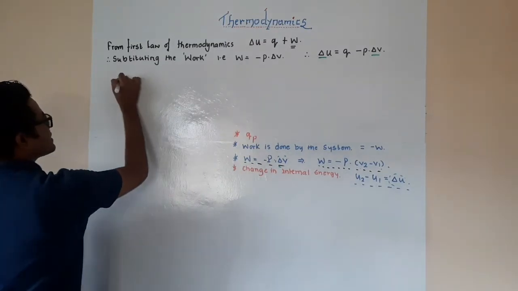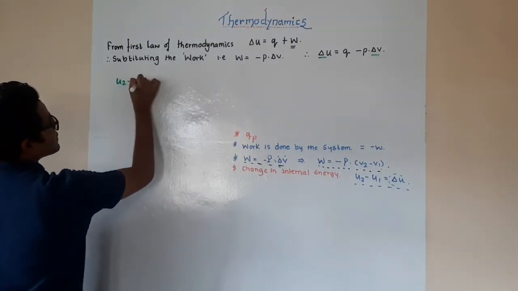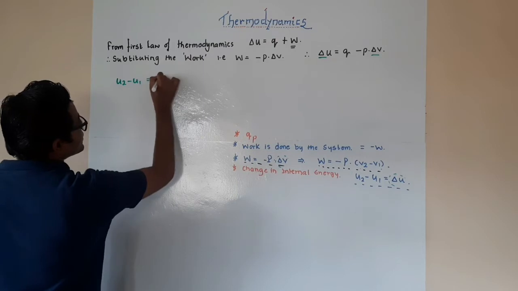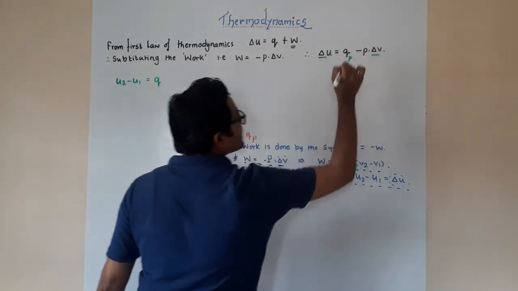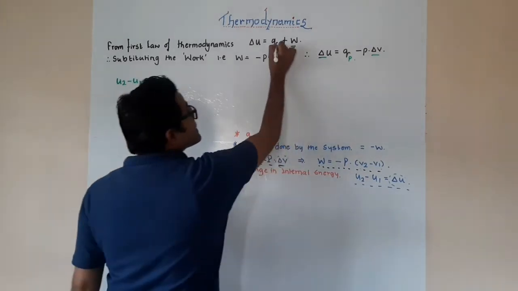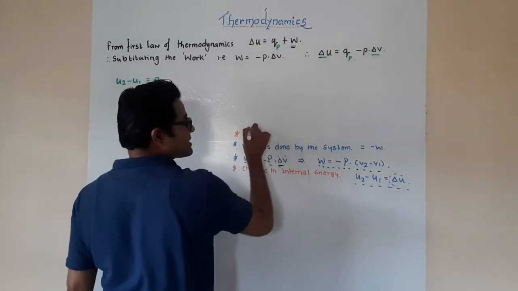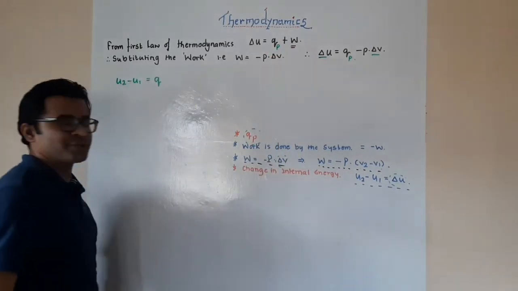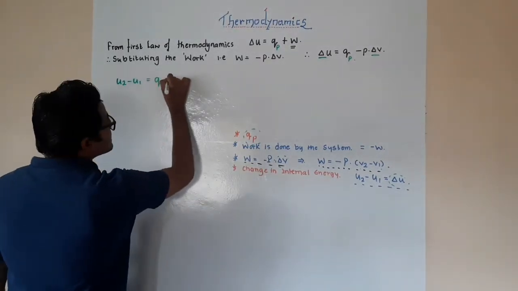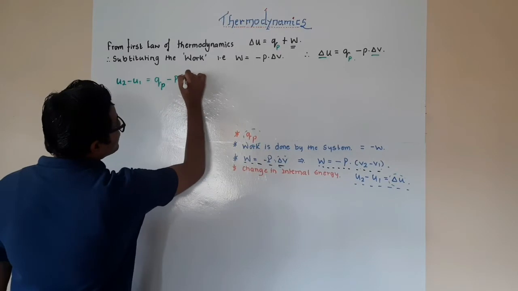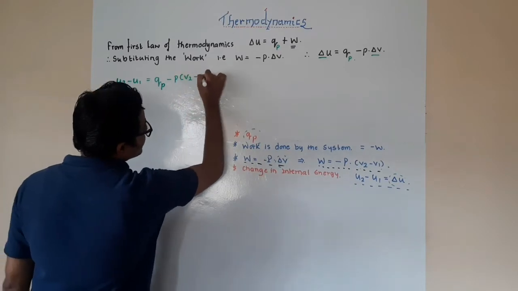So U2 minus U1 is equal to Q. Please note that Q is going to be Qp because the heat is being transferred at constant pressure. So Qp minus P into the bracket of V2 minus V1.